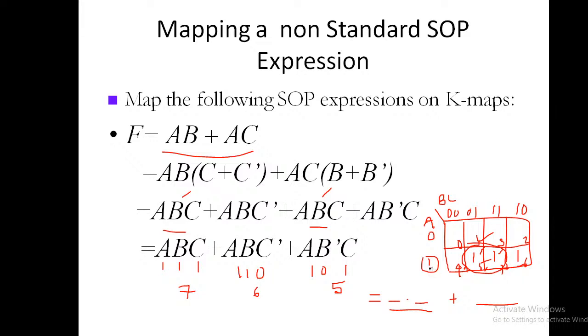The horizontal part is A, it is 1, so that's why it is A. And what is the vertical part that is common? These 2 ones are placed in 01, which means B bar C, and 11, which is BC. Now what is the common literal between these two? C, right? So AC. Done. So for this pair you got the term AC.